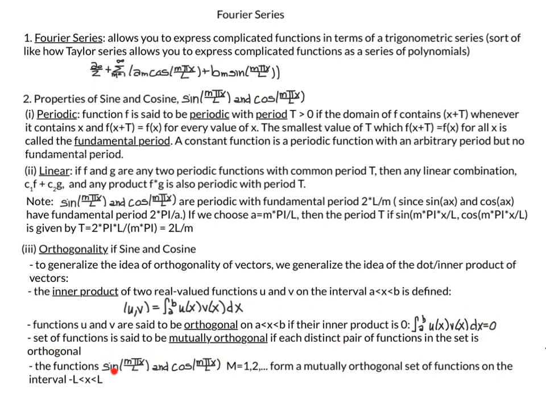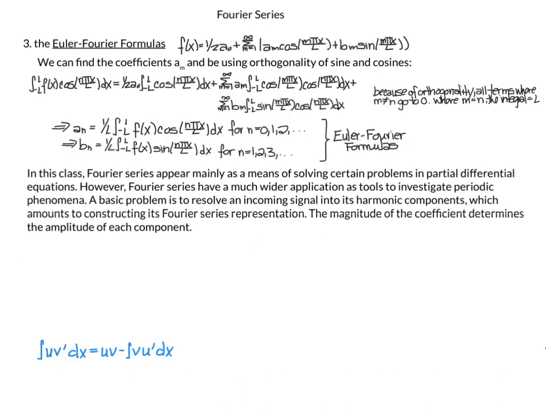It turns out that sines and cosines form a mutually orthogonal set of functions on the interval minus L to L. And we use this orthogonality to help us find these coefficients when we want to write f of x in terms of sines and cosines.